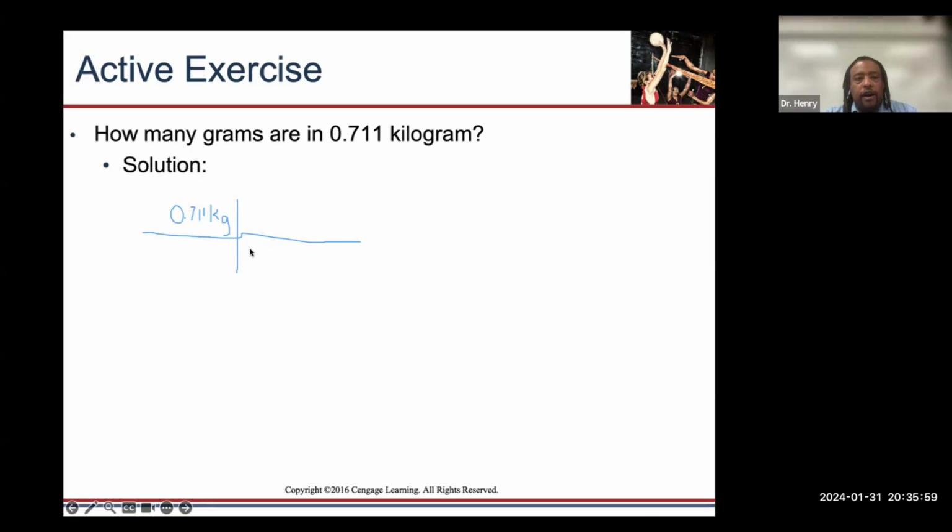So for every 1,000 grams, that's going to equal 1 kilogram. So 1 kilogram is going to be 1,000 grams, since we know that a kilo is 1,000 times greater. So those kilos are going to cancel out, and then we're just going to be left with grams. So that's going to be 711 grams.